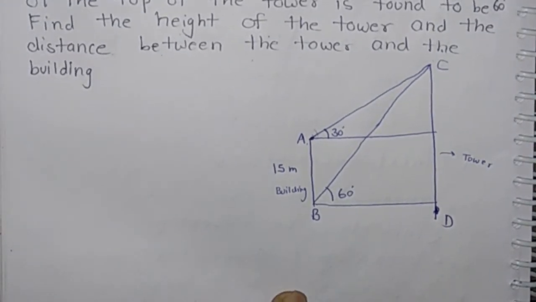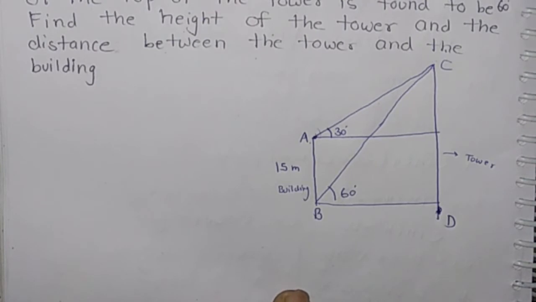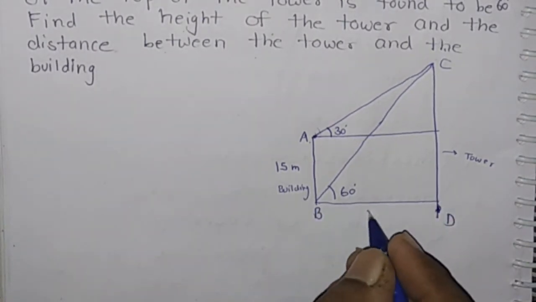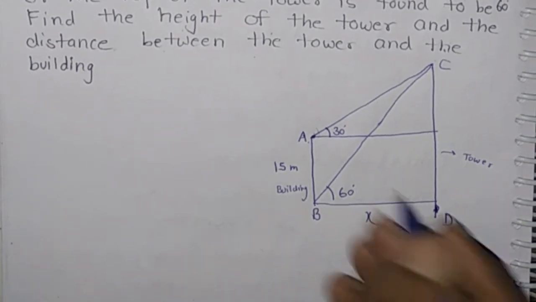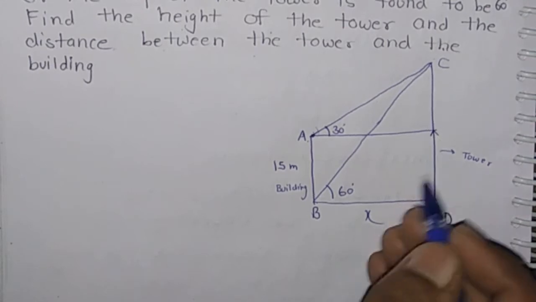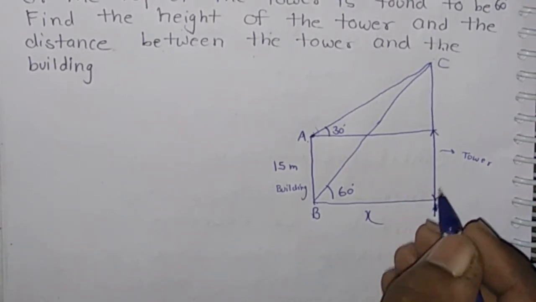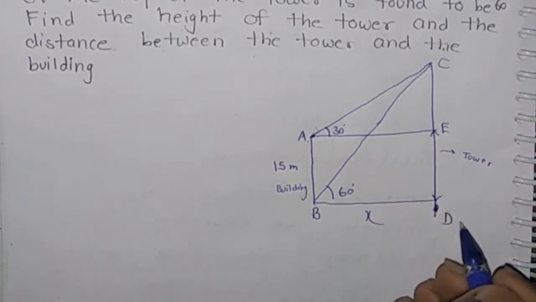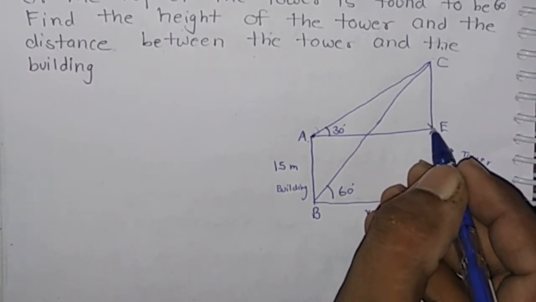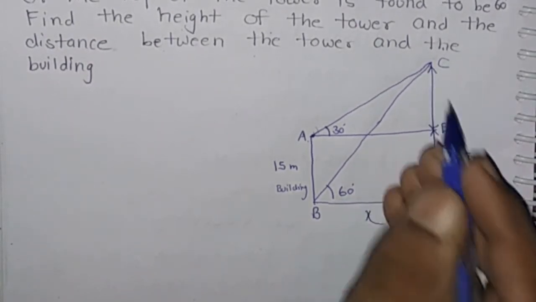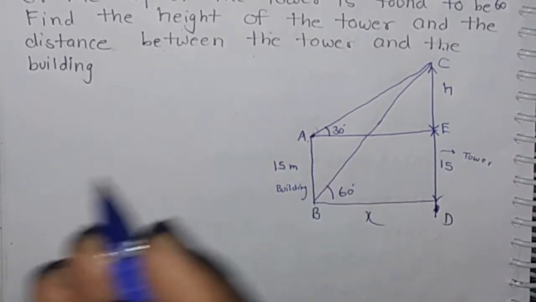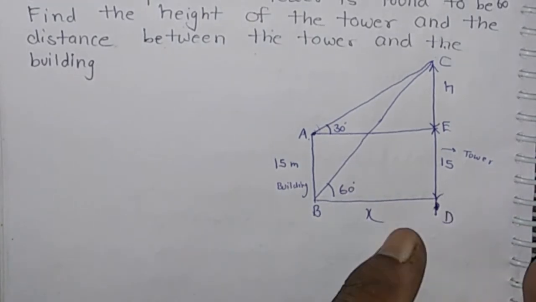Now we have to find the height of the tower and distance between the tower and the building, means we have to find the x, and since AB is equal to ED, then it is also 15. That is H. Now there are two right angle triangles.